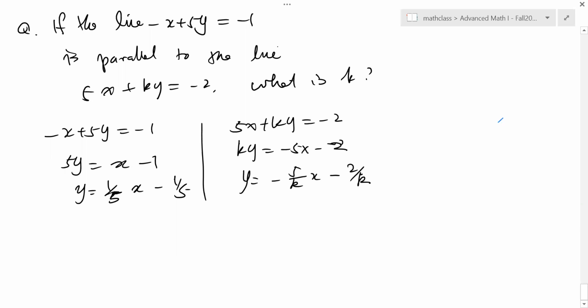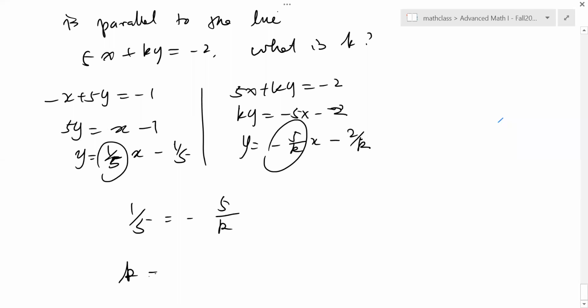So that parallel means this slope should be equal to that slope. Okay, so 1/5 equals -5 over k. Okay, so k equals -5 squared, which is -25. So that is the value of the k.